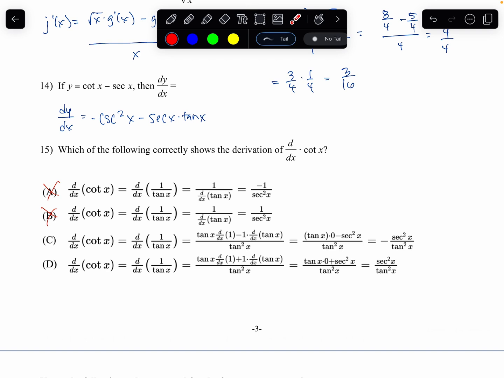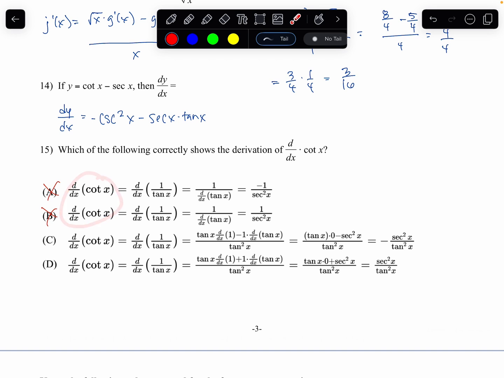Since this is a quotient right here, you would have to use the quotient rule. I can't just take the derivative of the bottom. There's no rule that allows me to do the derivative of quotients just like that.